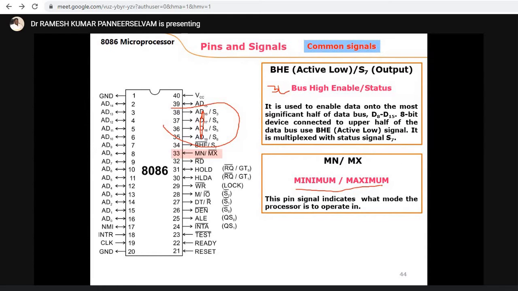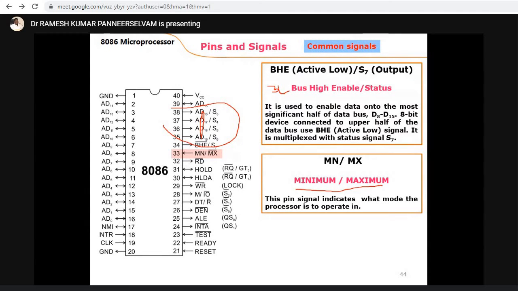Clear? The 8086 microprocessor works in minimum and maximum mode. The mode in which your 8086 is operating is indicated by pin 33. When this signal is high, it indicates minimum mode. Otherwise, maximum mode. Minimum mode means single processor mode.